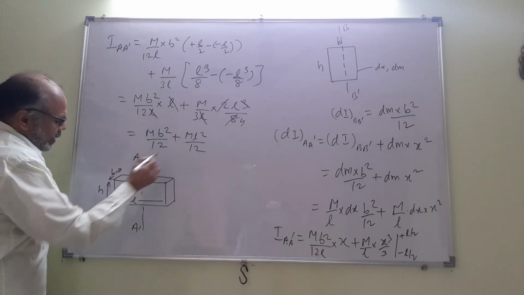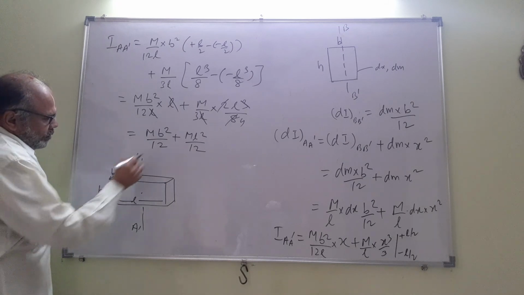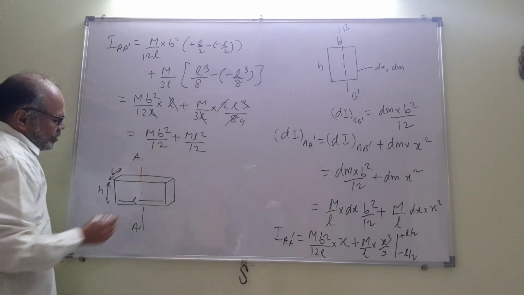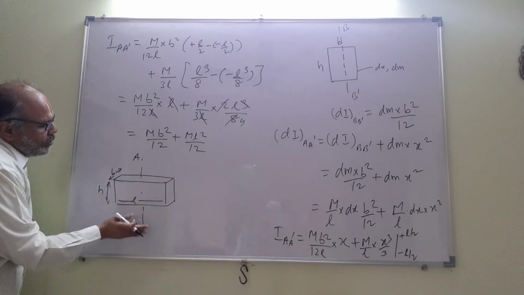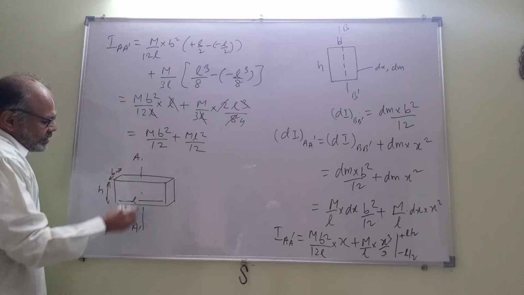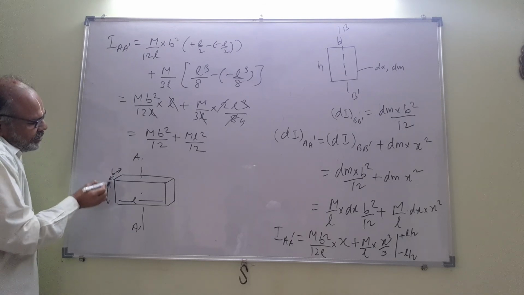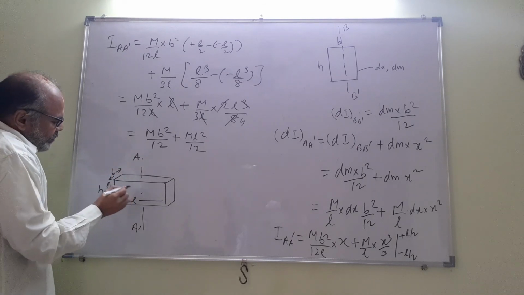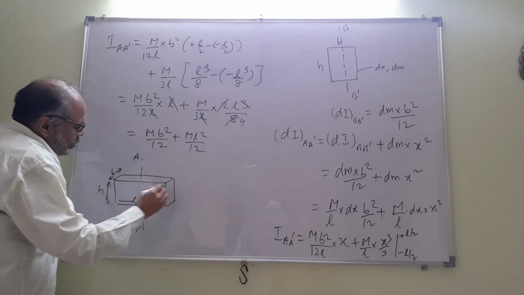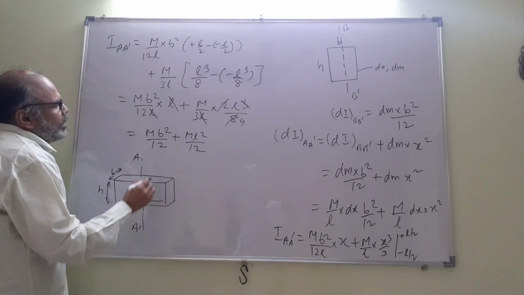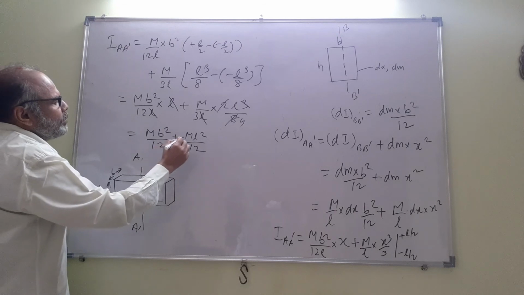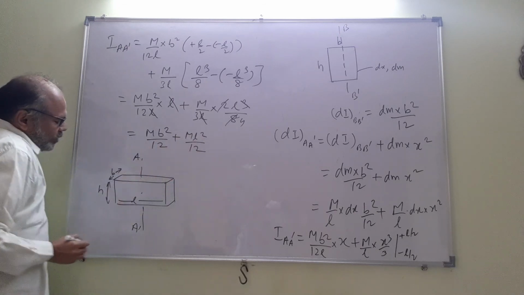What you must note is that H is missing in the expression, so the height of the cuboid will not matter because the axis is parallel to the height. If the axis had been parallel to the length L, then that L would be missing and you would have mb squared by 12 plus mh squared by 12.